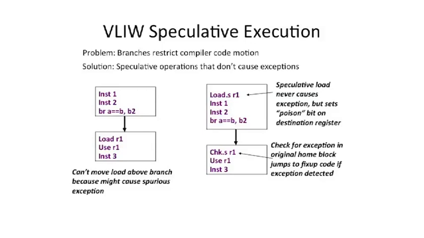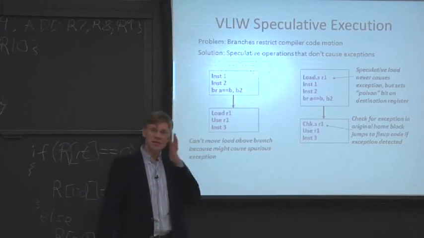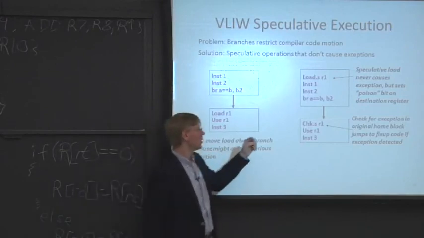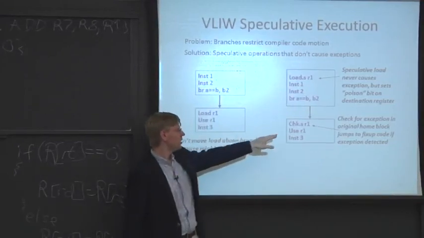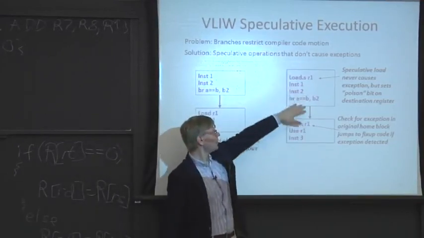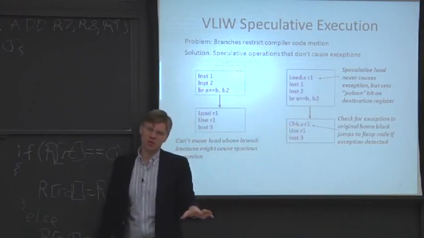One other thing I wanted to point out here is these poison bits, or these not a numbers, they propagate. So why is this important? Actually, I want to correct something I said a little bit here. If you try to use R1 somewhere else before you do a check, the not a number propagates.